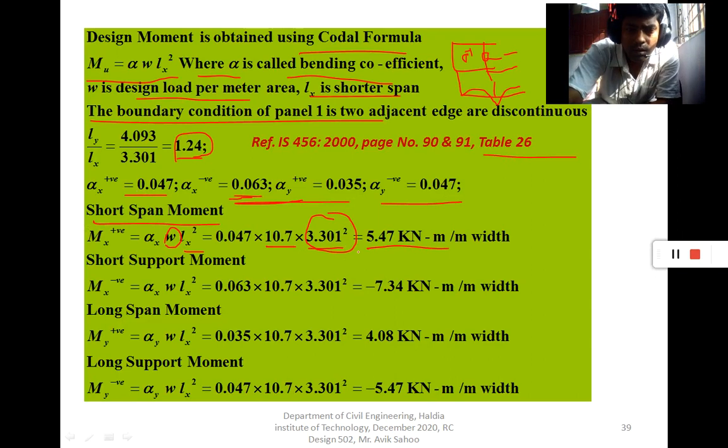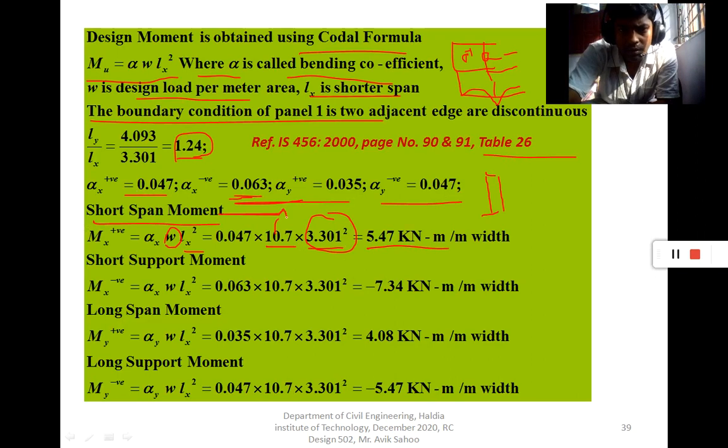As I have mentioned, when we design the slab, we consider 1 meter width. We calculate moments per meter width, considering the 1 meter width, for convenience in calculation. So if you multiply it, what is the unit?